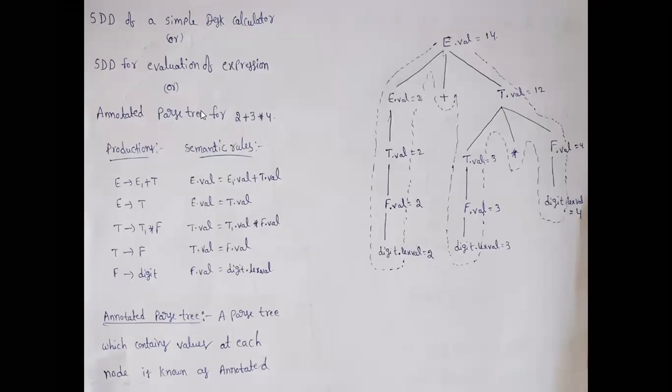These three ways we can be asked the question. We are constructing the annotated parse tree for the given expression 2 plus 3 into 4. In this we have some productions as well as semantic rules. Based on the expression we write the productions.